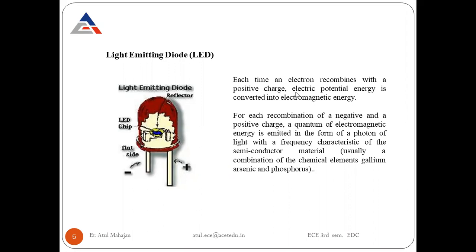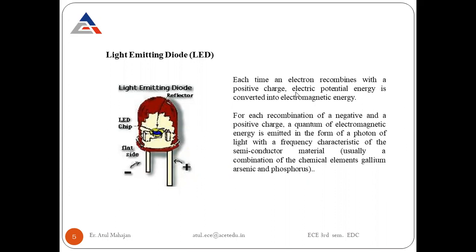Whenever there is a recombination of electrons and holes, a quantum, a photon, a kind of bundle of energy in the form of light, is produced. And a quantum of light is known as what? It is known as a photon. So the recombination of electron and hole produces a bundle of energy in the form of a photon, and it is emitted at the output.